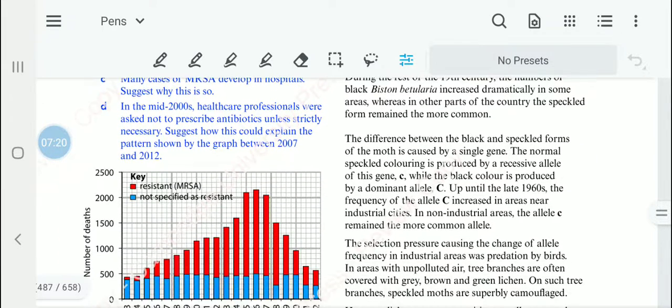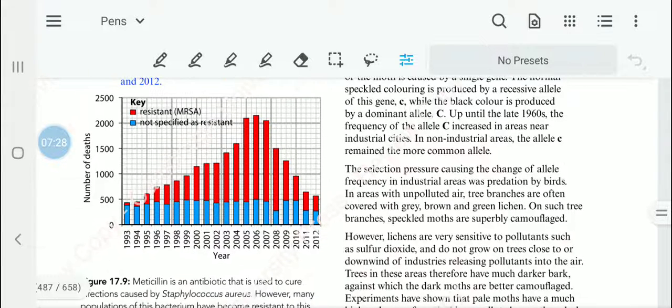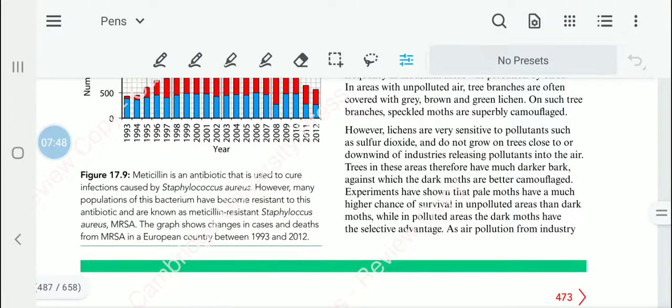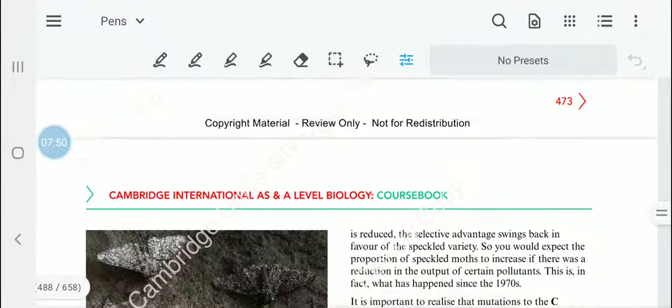As a result of the pollution in Europe, the selection pressure caused the change of allele frequency, and as a result, black moths became larger in number than the light colored moths.